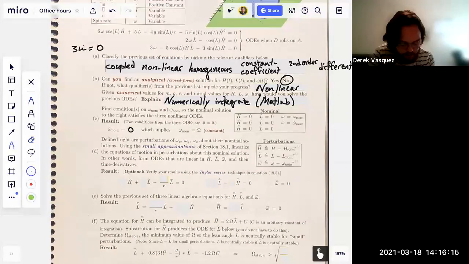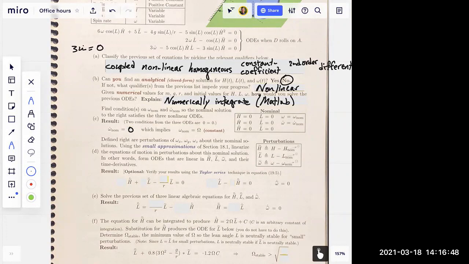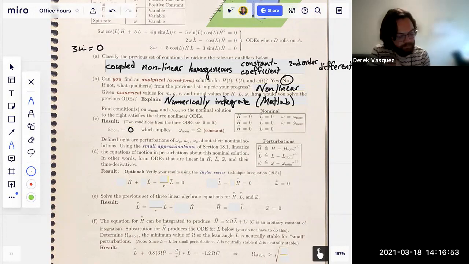So our first term, we had our H dot. What is that first term going to go to if we linearize it? Would it just be 6 times omega? Yep, that's exactly right.